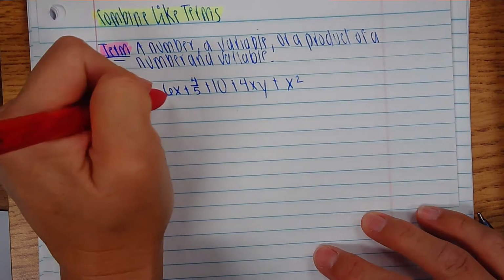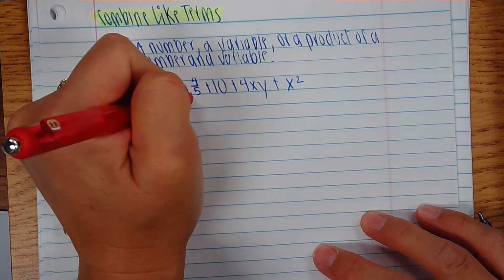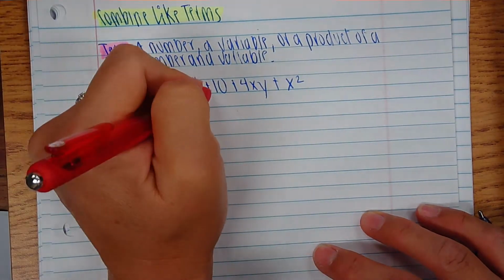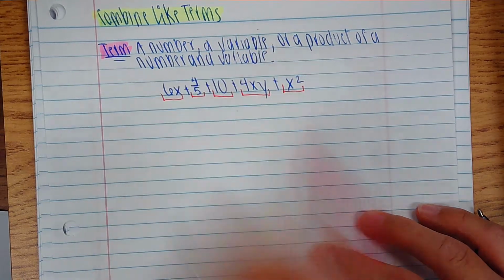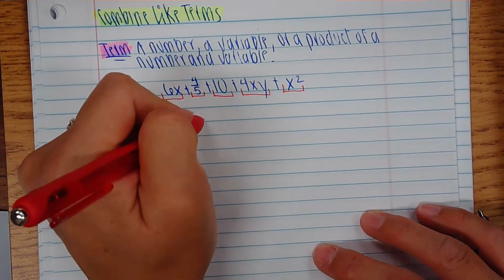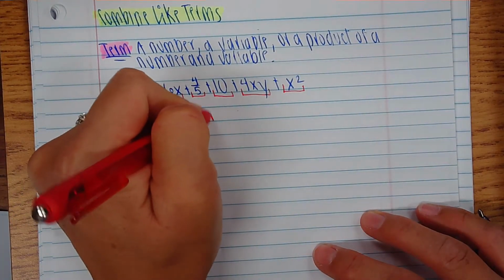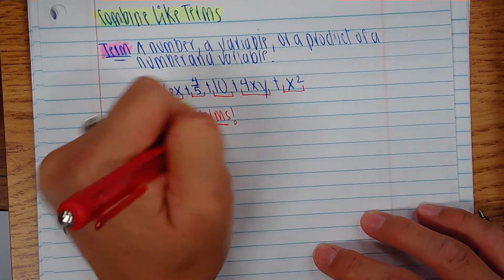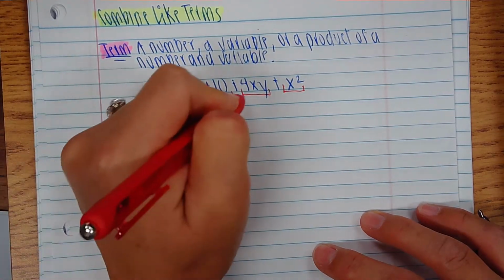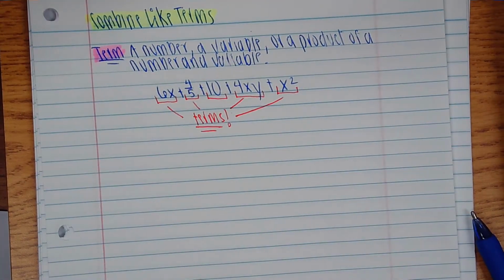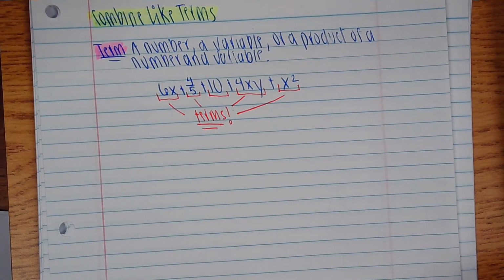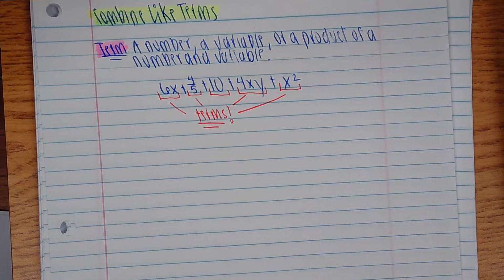All of these that I'm about to box right here, the 6x, the 4/5, the 10, the 4xy, and the x squared, those are all terms. They're all different kinds of terms. You wouldn't be able to combine any of those, right? Because none of them are the same. But those are all terms. Okay, so that's a term.